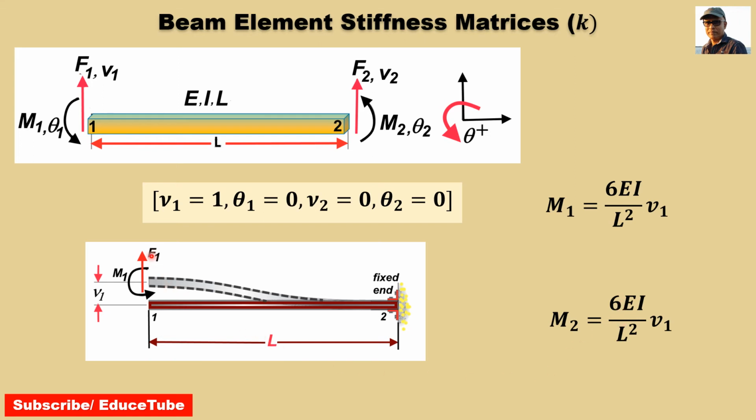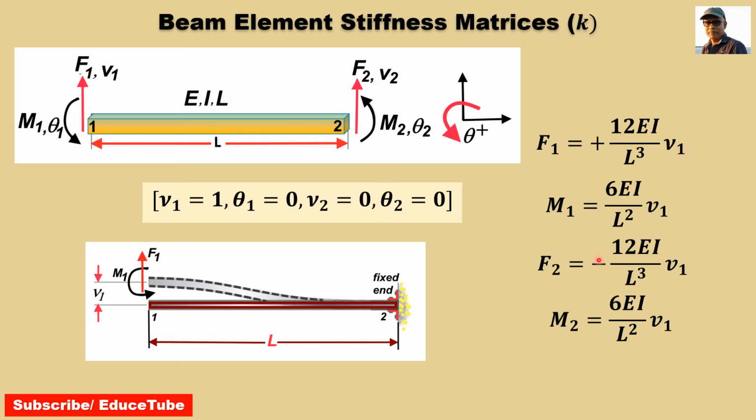Once we get these two, surely we can find F1 and F2. How to get F1? F1 will be adding these two moments divided by L. If you add these two moments, then divide the result by L, you will get this. Same way we will get F2, only the difference is here there will be a negative sign. So we got the 4.